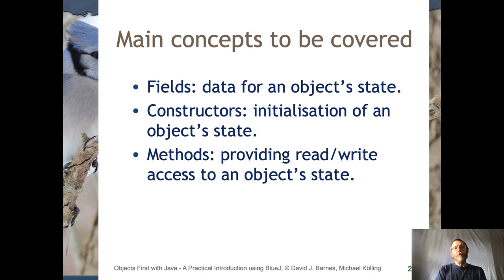When we create an object, its state is initialized, and that's performed through the execution of something called a constructor. So constructors are the initialization points for an object state. And then when we want to manipulate the data inside an object or find out what data it's storing, we'll be calling methods. As mentioned before, methods provide read-write access to an object's state.